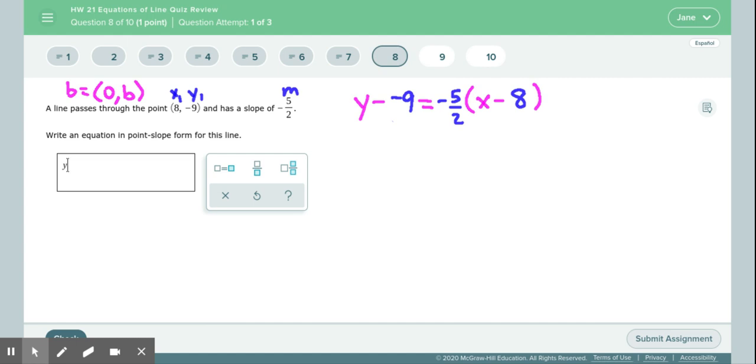So a double negative in the English language is the same thing as in the math language. It means it's going to change to a positive. So y minus -9, I can't type it in that way in Alex, which means I need to change it to a positive. So I change it to y plus 9 equals, now I'll type in my fraction slope, which was -5 over 2. And then in parentheses, I have my x minus 8.